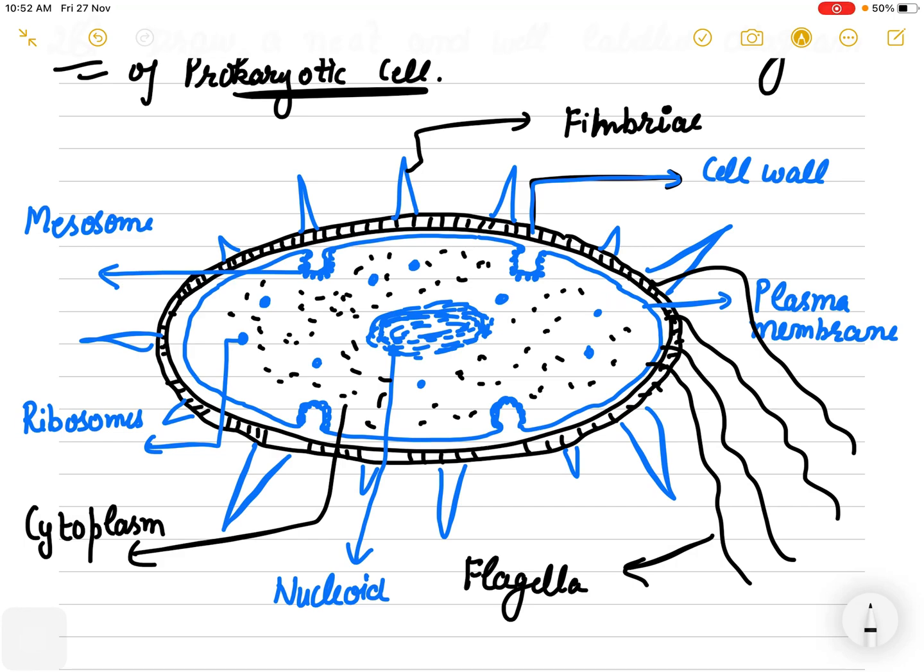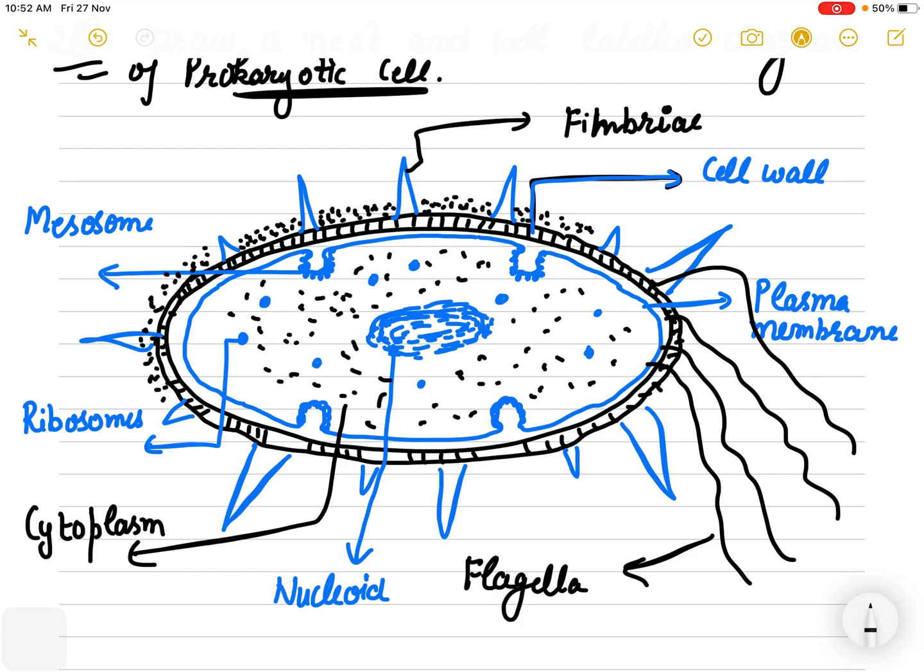Now one more major thing which is not given in many books, which you should know. This bacteria is covered on the outer side with a very thick and tough covering. Every bacterial cell is covered with this.